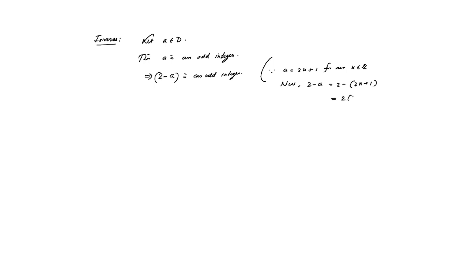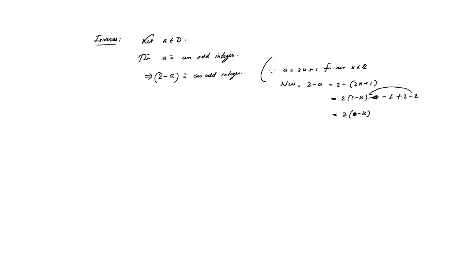So it will be 2 into (1 minus k) minus 1, which we can write as 2 into (2 minus k) minus 1.